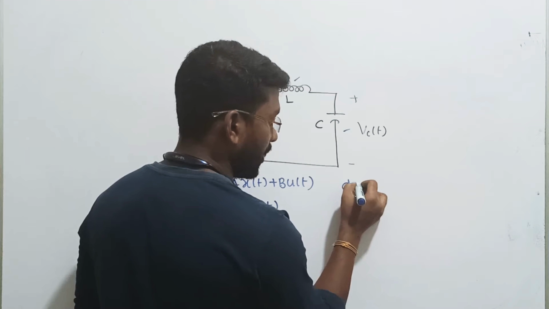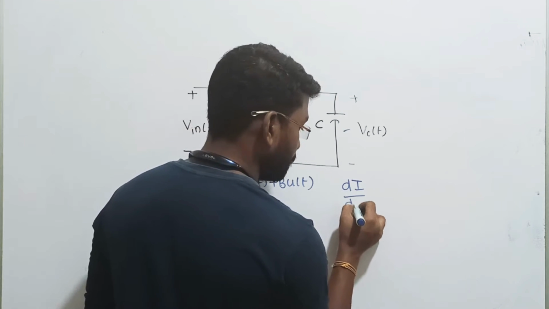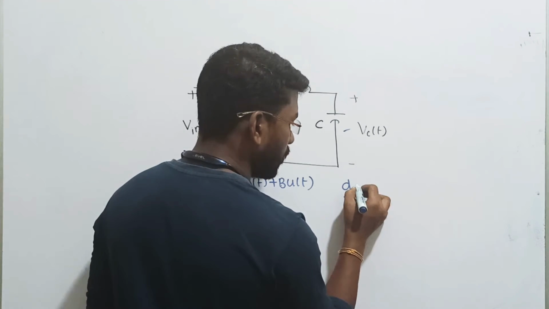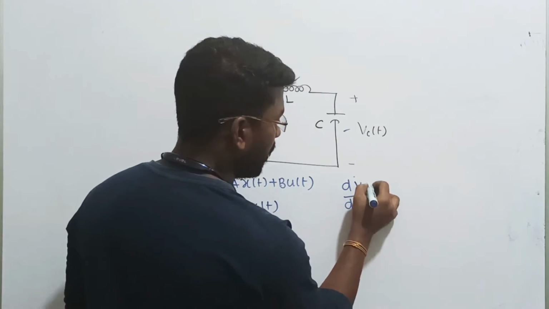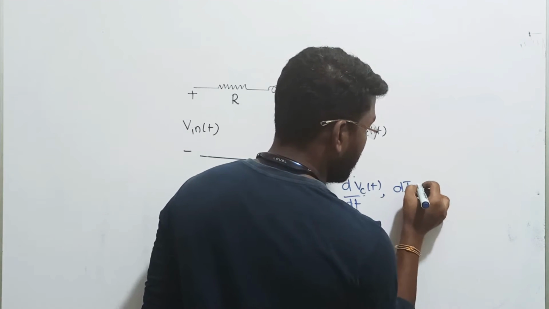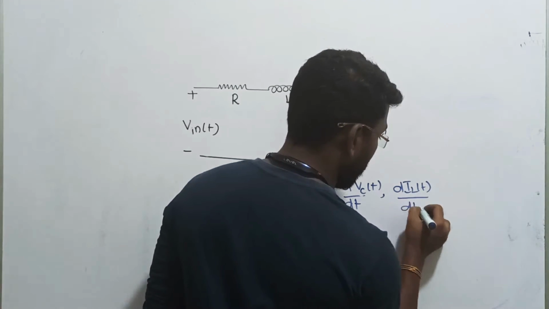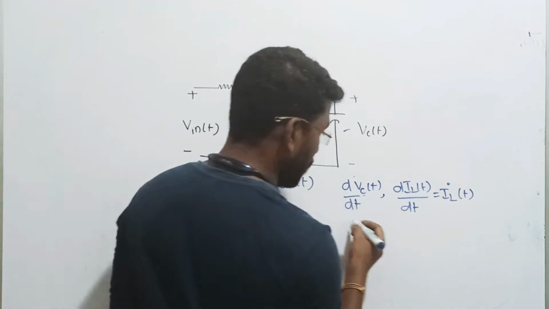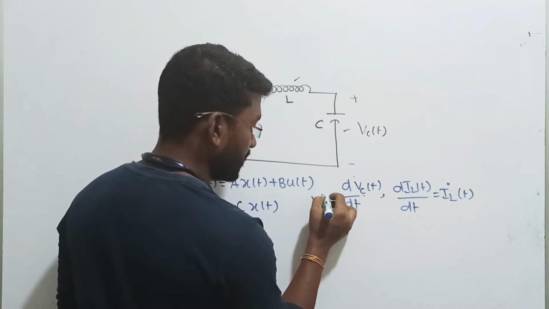For the capacitor, it can be written as I equals C into dV by dt, whereas for the inductor it can be written as V equals L into dIL of t by dt. That can be replaced by IL dash of t and VC dash of t.